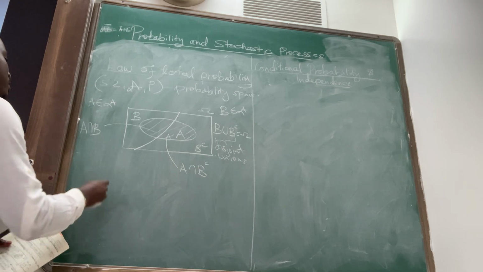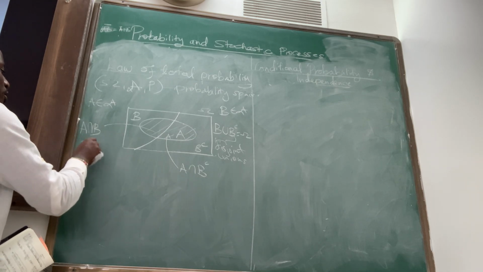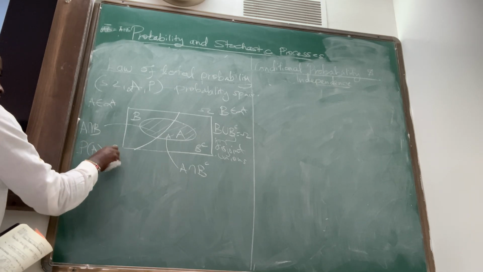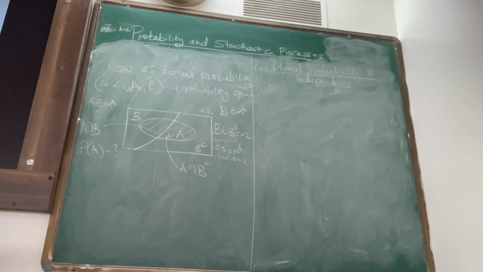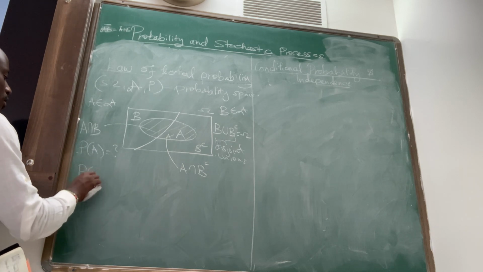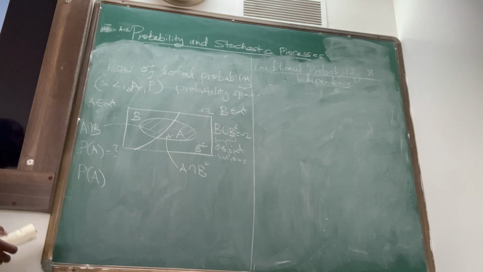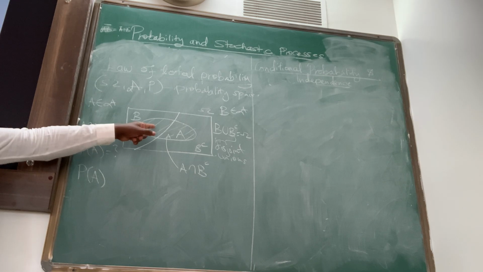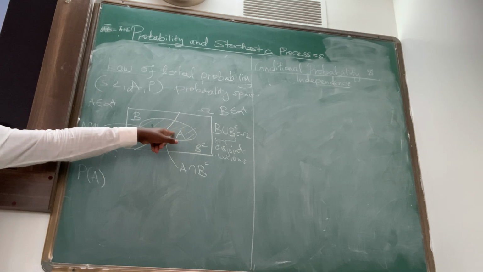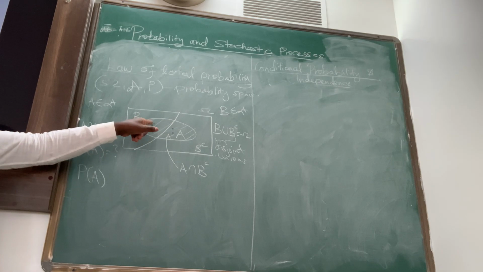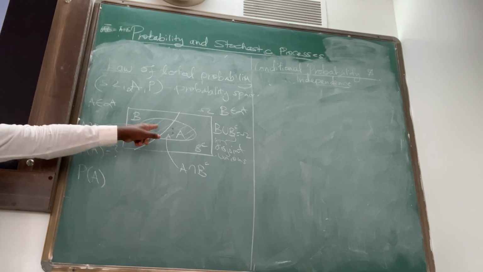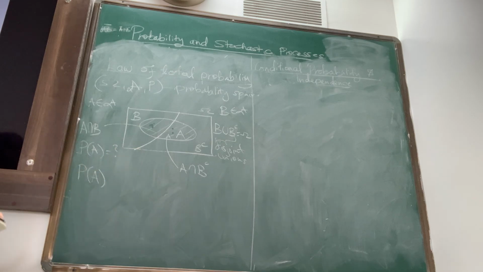Now we want to calculate the probability of A. We don't know that. So how are you going to get the probability of A? Probability of A will of course be this region union this region, because the two regions are disjoint. It's just going to be the probability of this region plus the probability of that region.